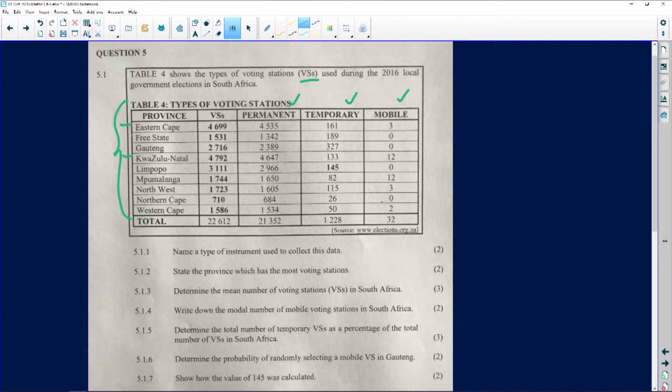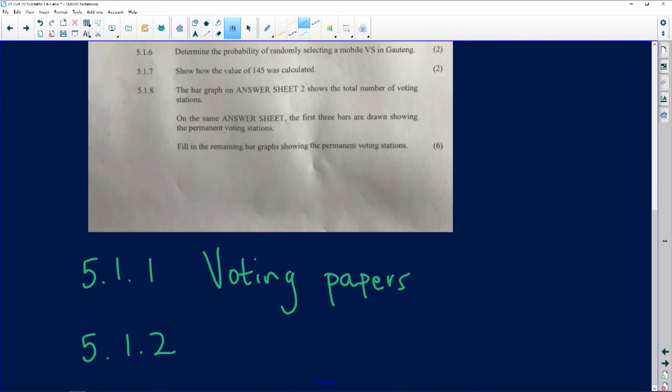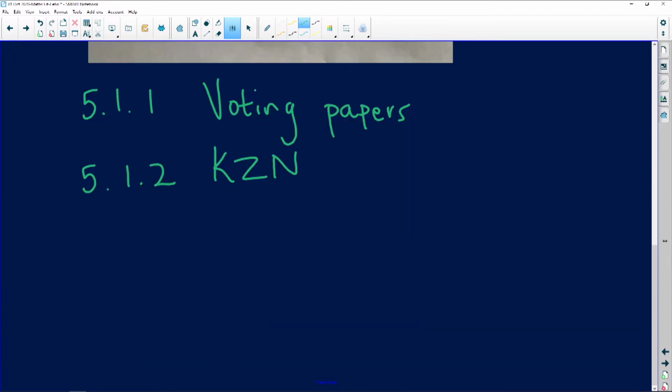So those numbers are falling under their 4,000s. And I can see that the Eastern Cape is 4,699. But let's look at KZN. KZN is 4,792. So automatically, that is going to be the province. So let's go and write that down. So I'm just going to say KZN.